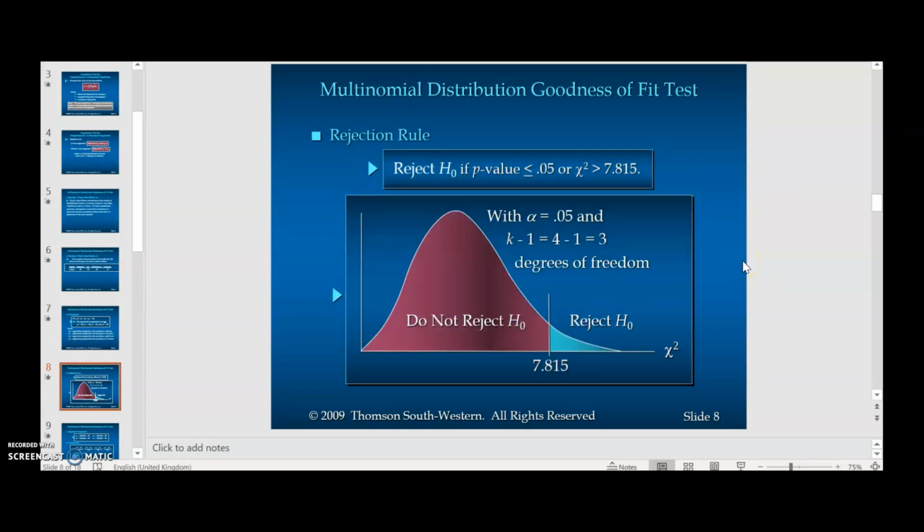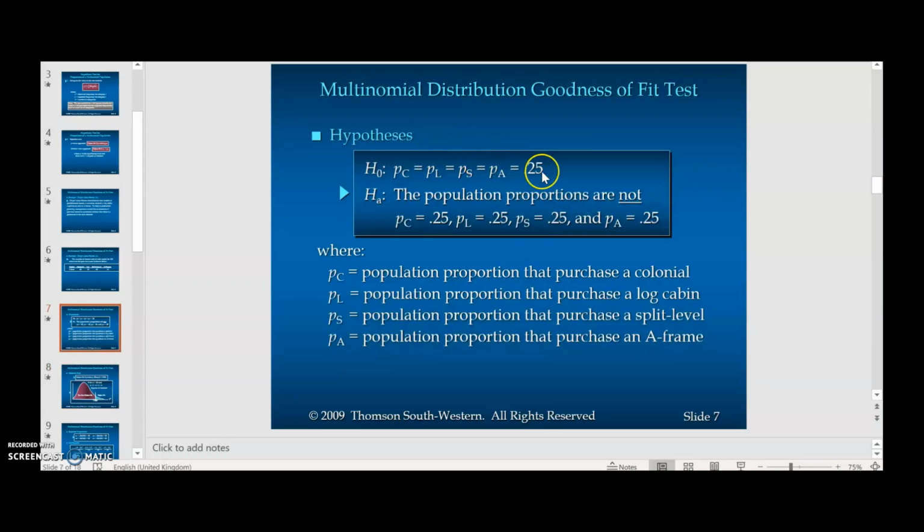So the rejection rule. Remember that in a chi-square test, we are also required to either reject or fail to reject the null hypothesis. If we reject the null hypothesis, that means we conclude that the alternative hypothesis is true.